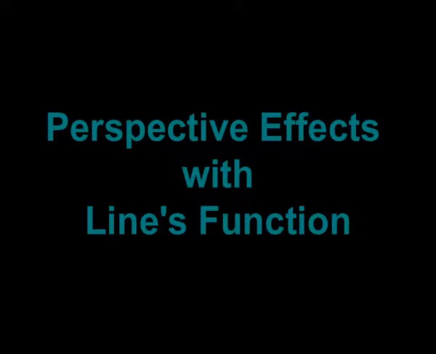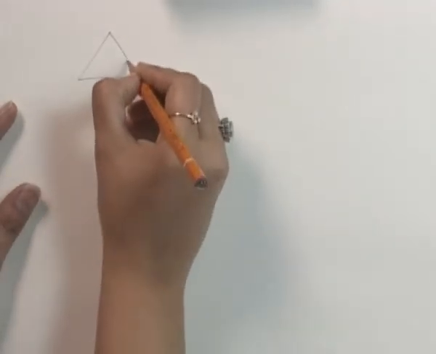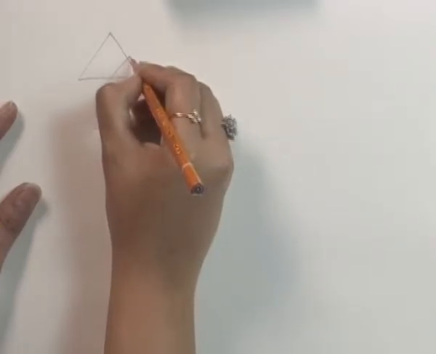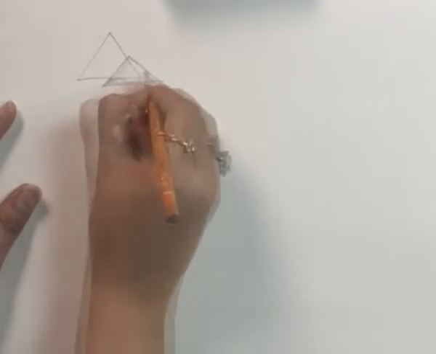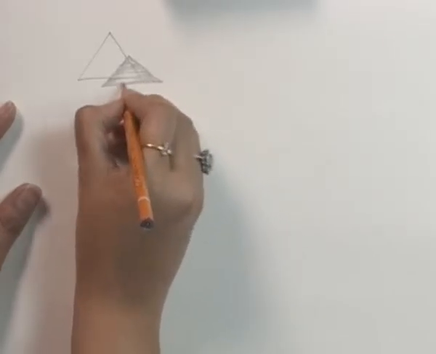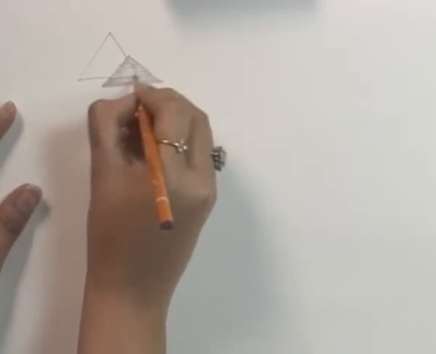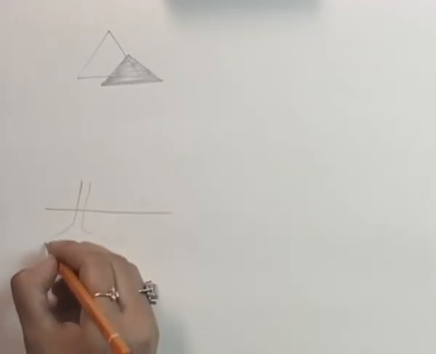Perspective effects with lines. In painting, different types of lines give different perspective effects. Line is a two-dimensional object, but the way lines are used, it can create effects of three dimensions. To show an object near, the line should be drawn bold and dark.